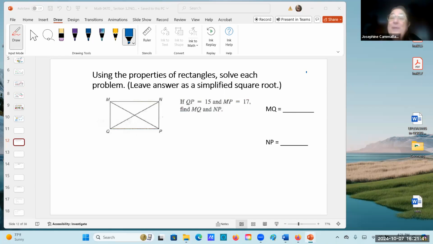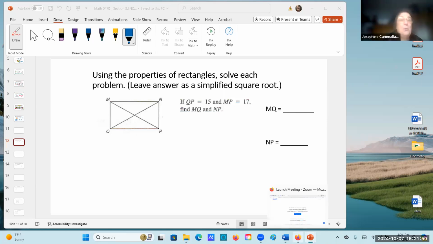Can you figure them out? What is MQ and NP?